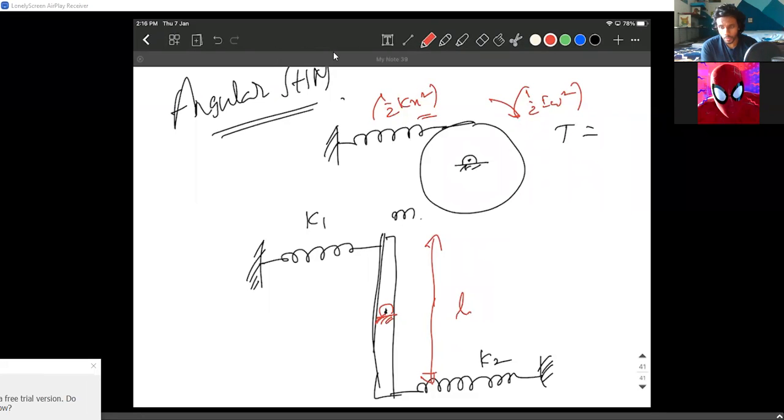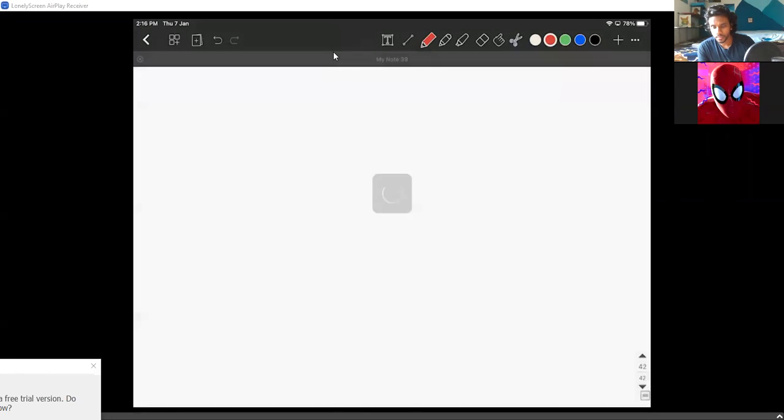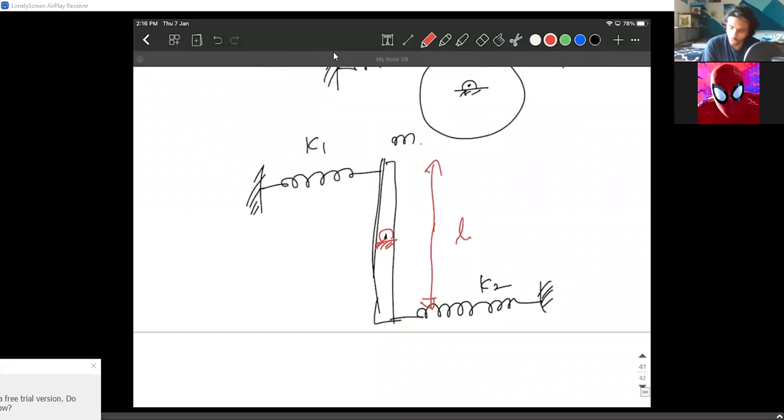But why don't you people do this? The question right in front of you. Find the time period by doing what? Always displace it by an angle theta. It is displaced like this, so restoring torque will be like this. How do you get the restoring torque?